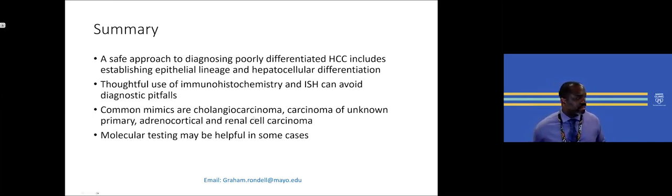And I've included some common mimics to consider: cholangiocarcinoma, carcinoma of unknown primary, adrenocortical carcinoma, and renal cell carcinoma, as some tumors that can mimic HCC. And molecular testing may be helpful in some cases. So with that, I'm going to close the presentation portion, and I will be available for questions.